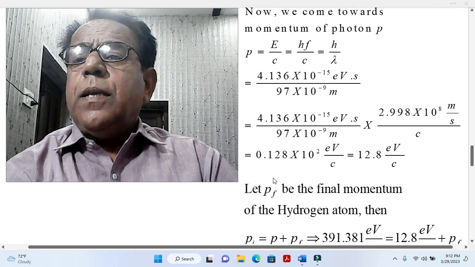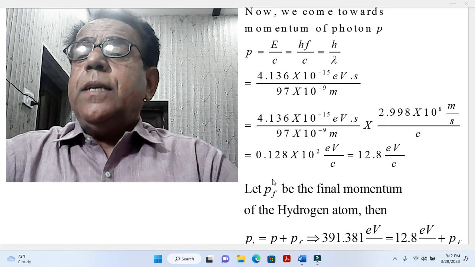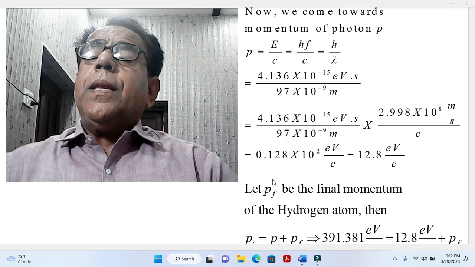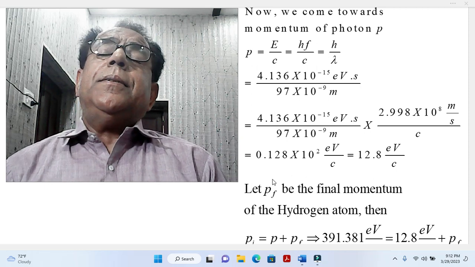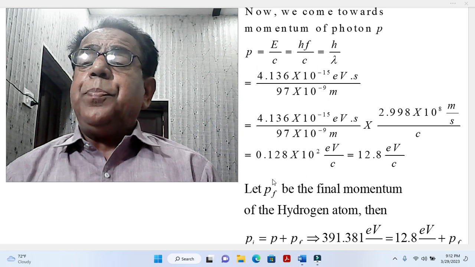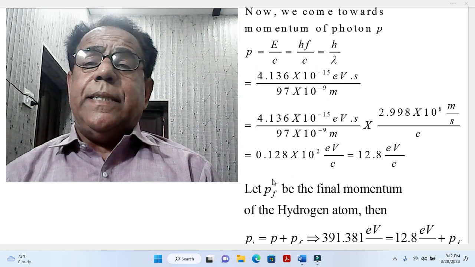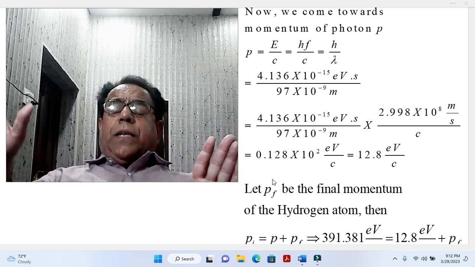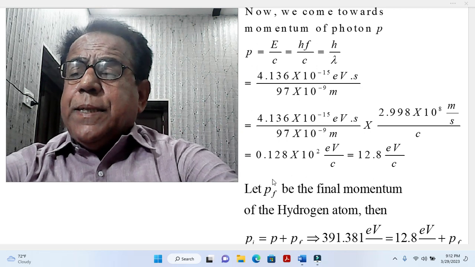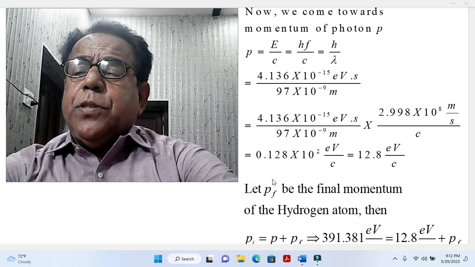In the next step we will simplify it. In addition to simplification we have again applied the same arrangement, that we have multiplied and divided it with c. In this way there will be no difference. If we multiply and divide something with the same thing, then the result becomes unity.